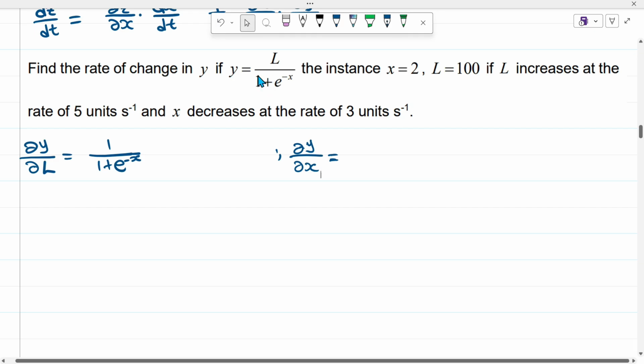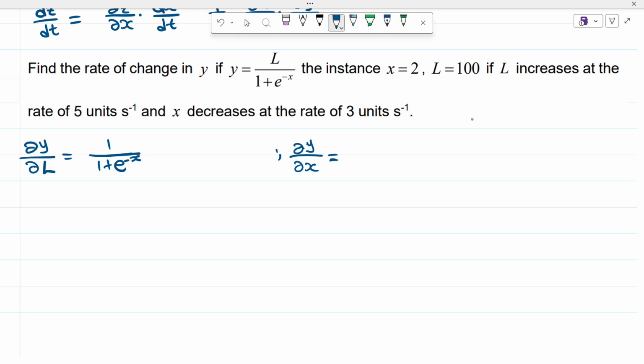So to do this nicely, we can take this denominator up there and make it have an exponent of negative 1. Let me write it here. So y is equivalent to L multiplied by 1 plus e to the power negative x, all to the power of negative 1.